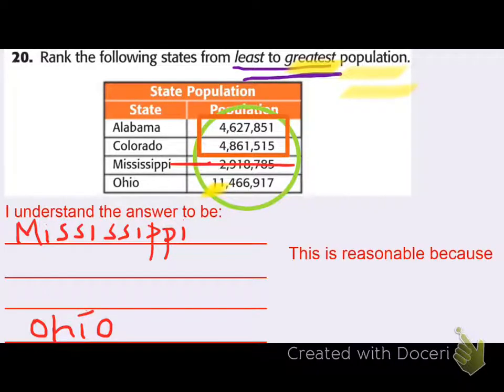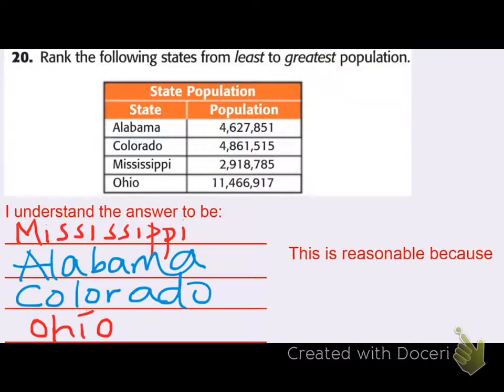But if we look at the thousands period, this is where we're going to find the difference. We can see that one of the values has 600,000, Alabama. And Colorado has 800,000 people. Well, I know that 600,000 is less than 800,000. So Alabama has the next smallest population. I can go ahead and write that down.